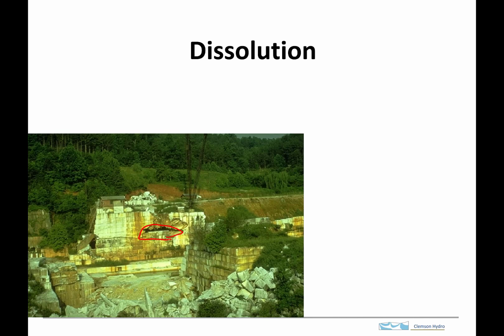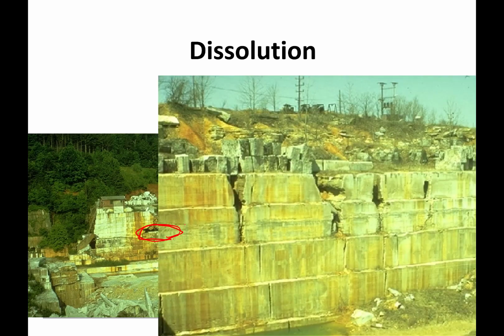This is a micritic limestone, and micritic limestone ends up being very nice building material. The Empire State Building is built from that, for example. It's quite strong and quite easy to work with, but you do have places where it's been dissolved out here with these dissolution features.